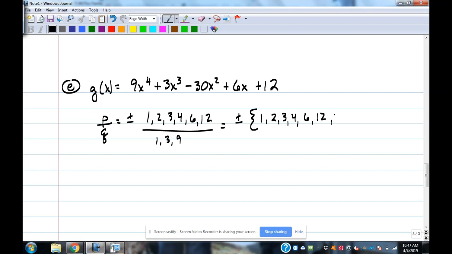And then we divide each thing by 3. So that's 1/3, 2/3, 3/3 is 1, 4/3, 6 over 3 is 2, 12 over 3 is 4. We've already got those. And then do the 9, 1 over 9, 2 over 9, and then 3 over 9 is 1/3. I've already got that.